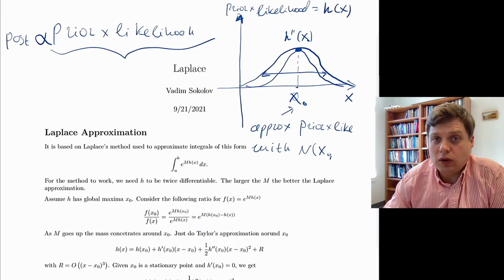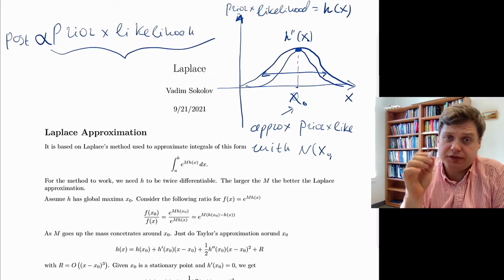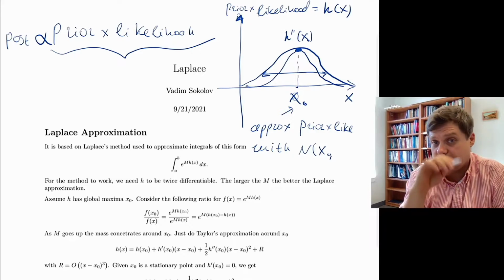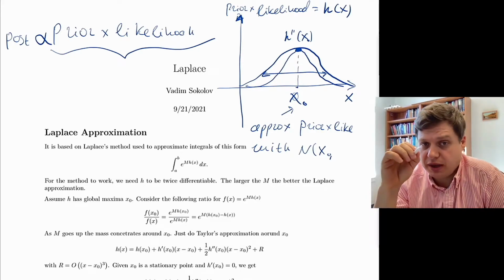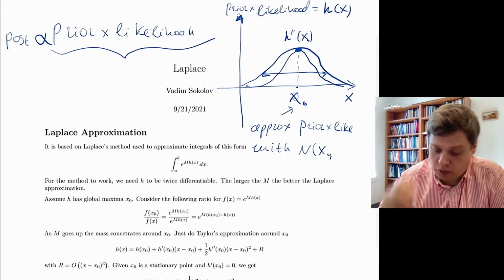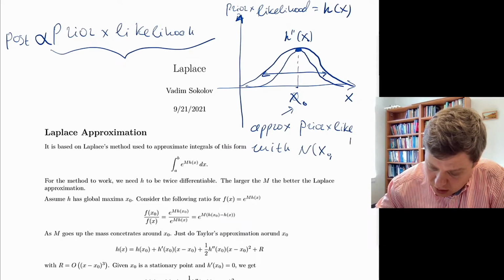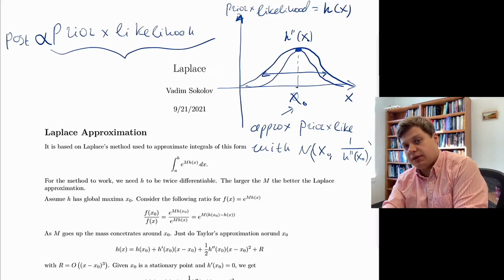And we're going to use basically the curvature. So the second derivative of this function h gives us the curvature at this point of maxima. And we're going to use this as an approximation for the variance. So it's going to be 1 over h''(x0). So that's it. That's the basic idea of the Laplace method.